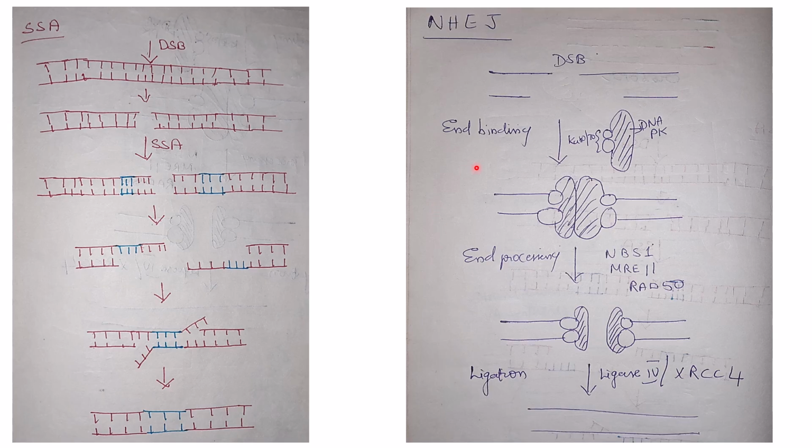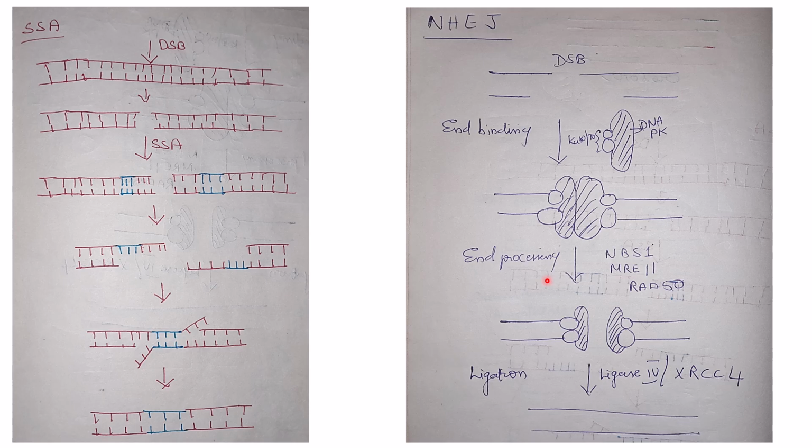Then first will be the end binding, the binding to the ends of the double-stranded break. Then there will be end processing, that is, it involves either the removal of certain nucleotides to fill the gaps or it can lead to small insertions or deletions at this repair site.